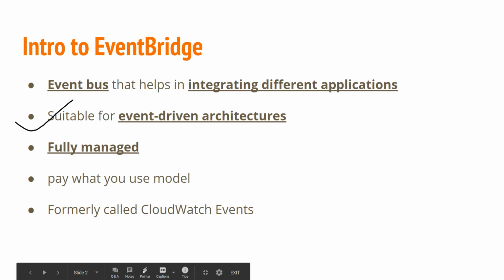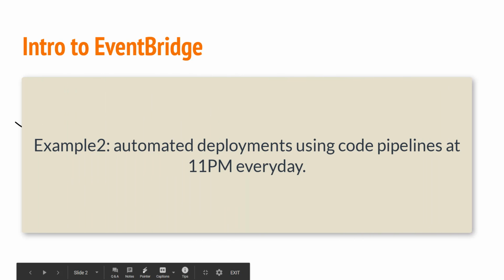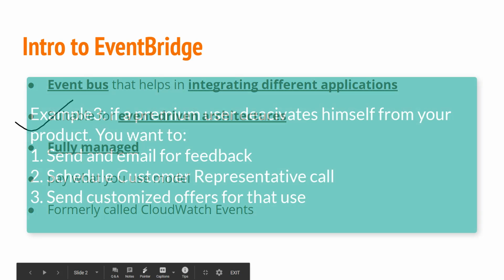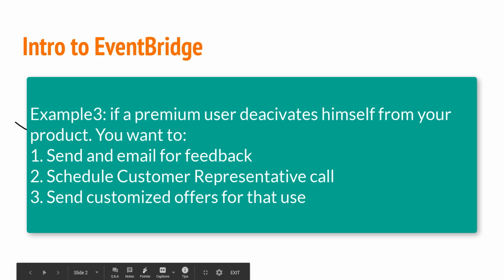Let's take another example. You want to create automated deployment of your code using CodePipeline at 11 PM every day. So you can do that with EventBridge and schedule your events. Another example would be, let's say in your custom application, if a user deactivates themselves, you want to send an email asking them for feedback, or you want to schedule a customer representative call and send some custom offers to keep that user in your system.